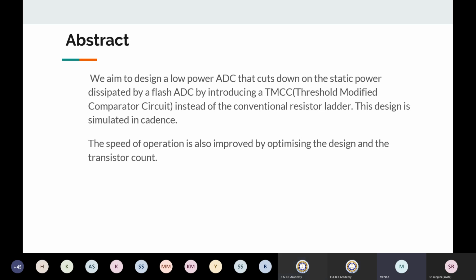So the threshold modified comparator circuit, as I told you earlier also, you can tune the threshold. So for example, 1.8 is the power supply. Just divide that, if it is a 3 bit, into 7 levels. So these 7 levels or 6 levels, whatever you want according to your requirement.